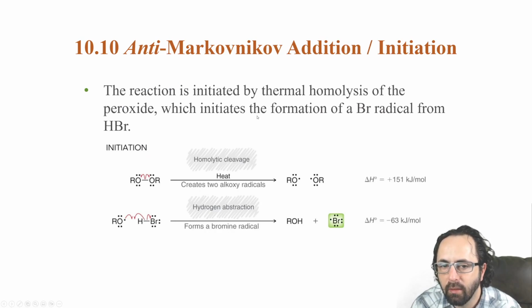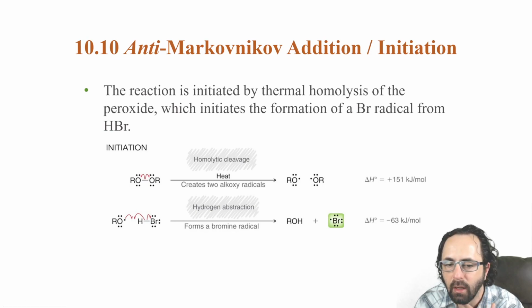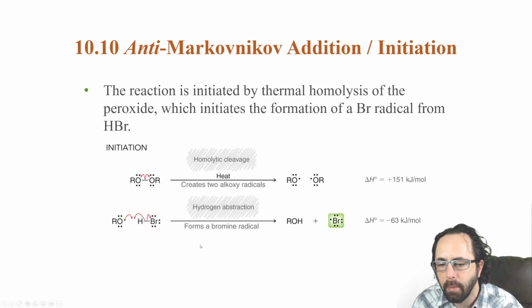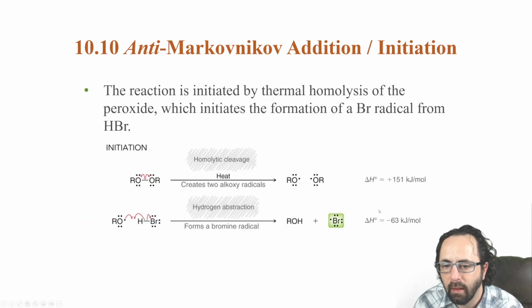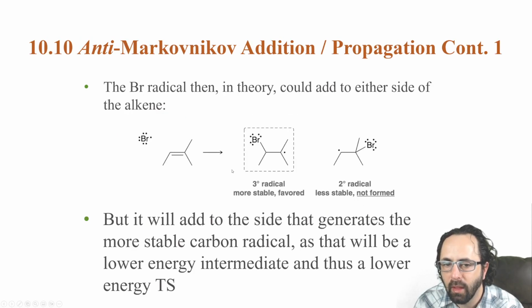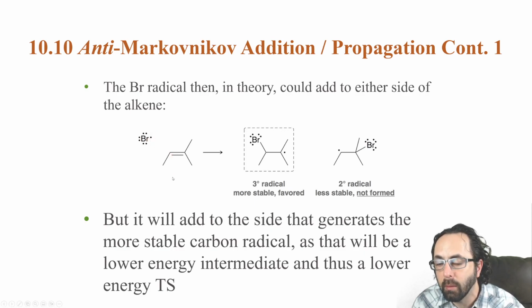In terms of the addition reactions here, there's another mechanism that we should be aware of. Again, if we're starting a reaction here with a peroxide, that peroxide can go and do a hydrogen abstraction from a hydrohalide, and that's what we see here. And ultimately, then we can add the bromine radical, and this adds to a double bond here. It's going to add in the position that's anti-Markovnikov.